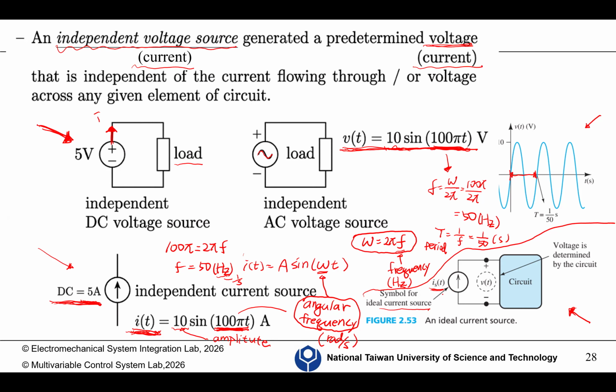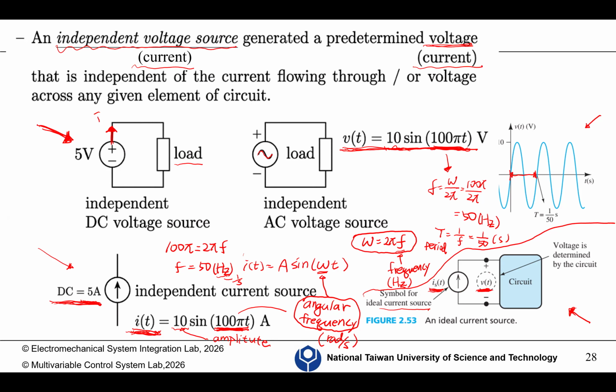Even though we do not specify, it still has a voltage, and because the source is AC current, the voltage across this current source is AC voltage. So it is written as V of t. All right. But this V of t is not given. It depends on the circuit this current source connects to.